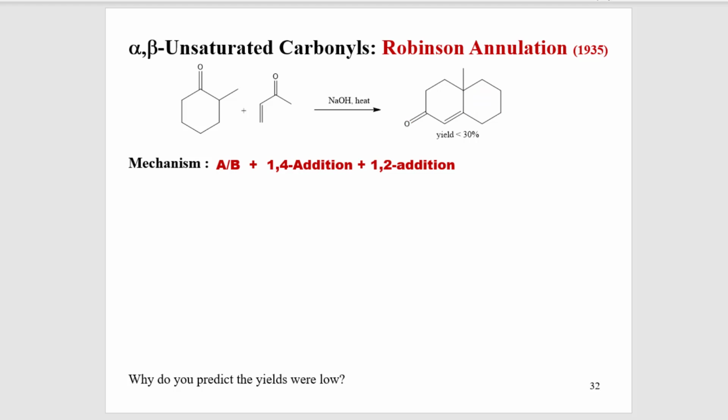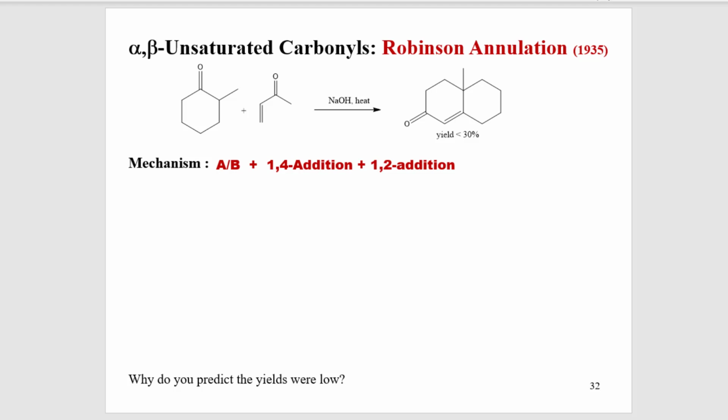So this is why I want to show it to you guys, but you can sit back and enjoy the process of how this happened. And we'll talk about why the yields were under 30%, which is what makes this not very useful from an efficiency standpoint.